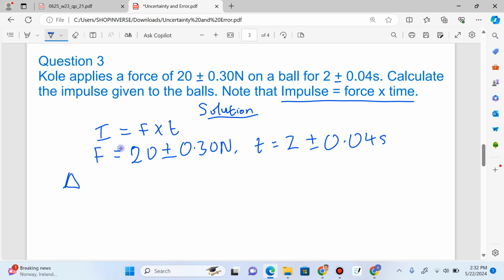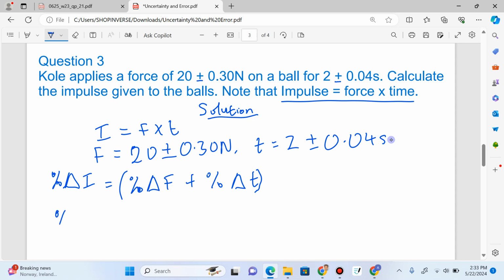The percentage uncertainty in impulse equals percentage uncertainty in force plus percentage uncertainty in time. So the first thing I will do is get the percentage uncertainty in the force, then the percentage uncertainty in the time.